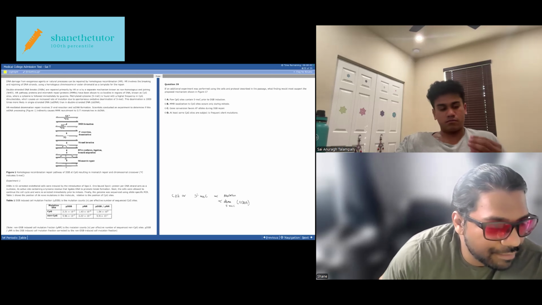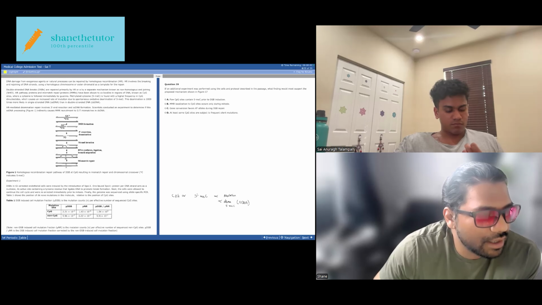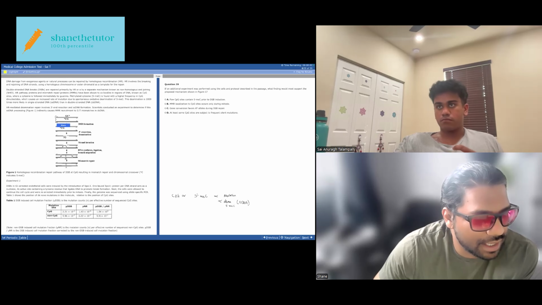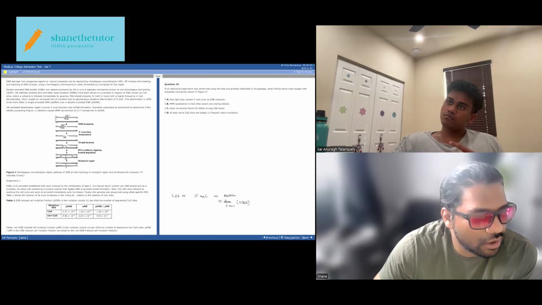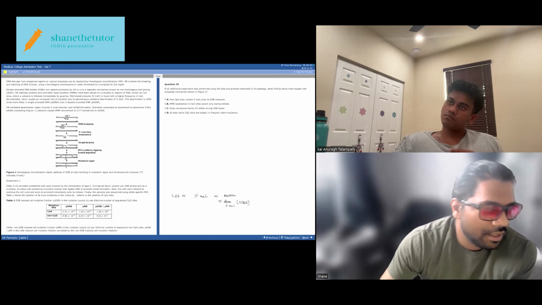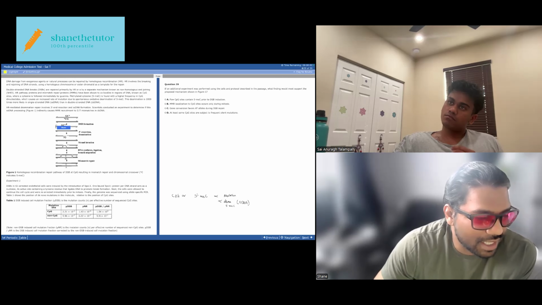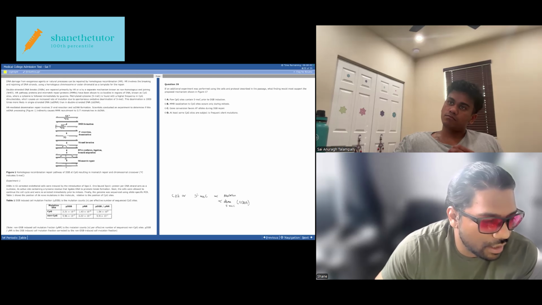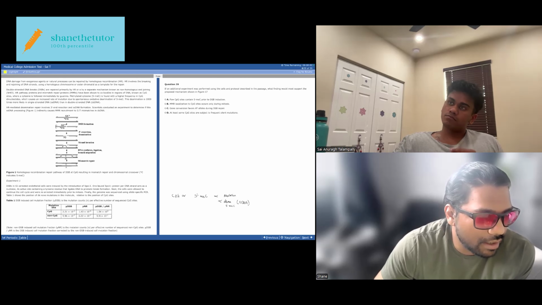I guess the most confusing thing here is whether this and this are the same thing or separate. But it seems like they're different, because this is the light colored one and this is the dark. So let's treat them as different.